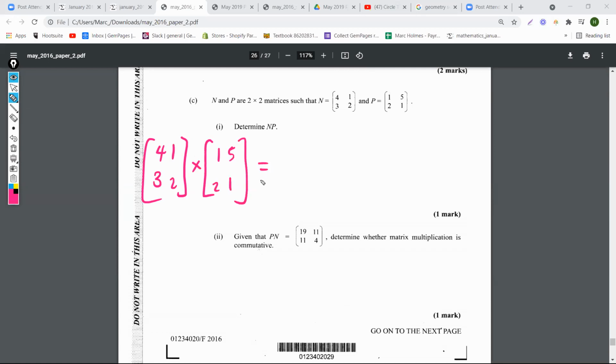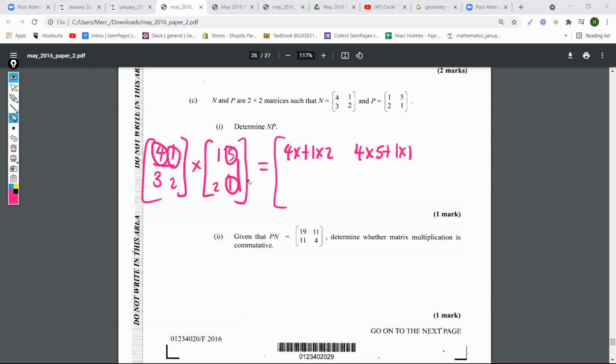You guys remember how to multiply matrices? Row by column. So the first space is 4 times 1 plus 1 times 2, row by column, remember? The second space is first row, second column, so 4 times 5 plus 1 times 1.